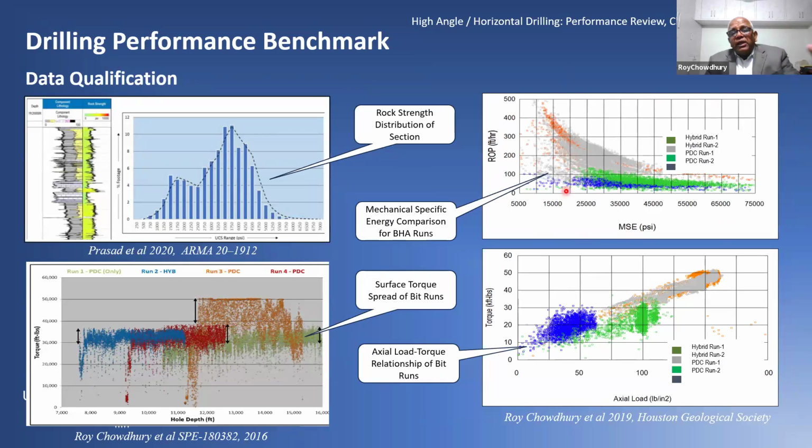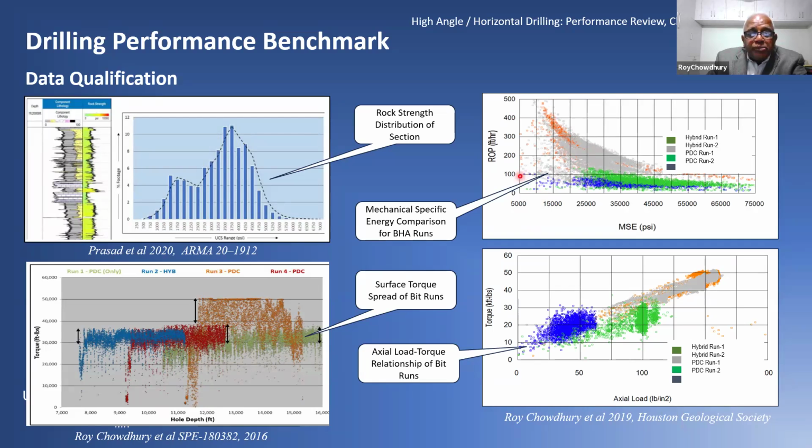For those who haven't used this in the past, our intent would be to have the least possible energy spent for the highest possible ROP. So you want to be somewhere closer to this area. And for each one of these BHAs, notice the one here has a huge spread of energy, but your penetration rate is extremely low, less than 100 feet an hour.